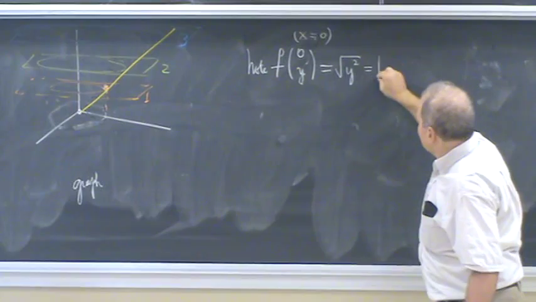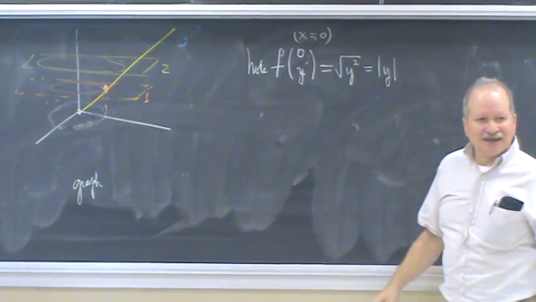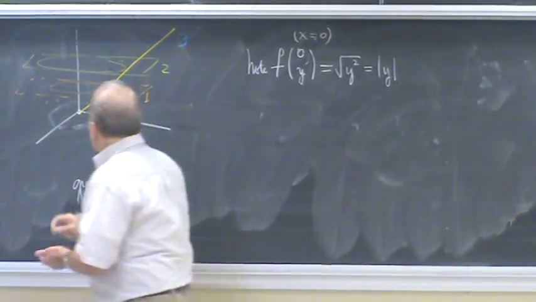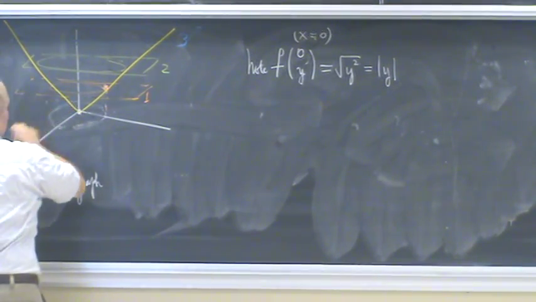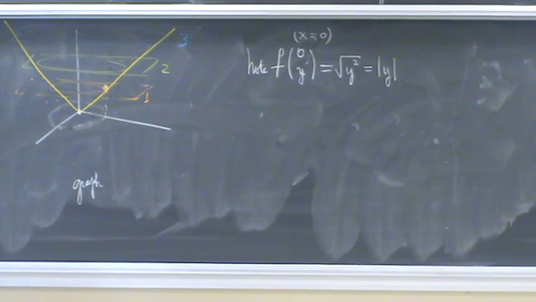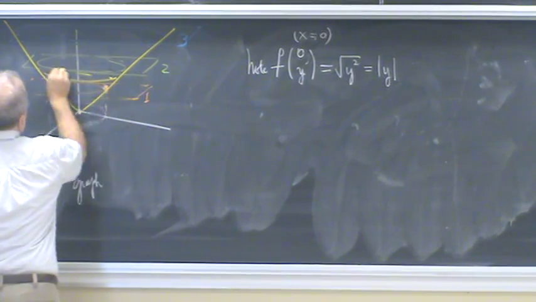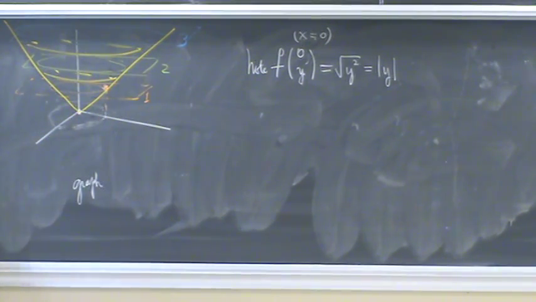Absolute value. So if I graph the absolute value function in the yz plane, and then say I have symmetry as I rotate around, what do I get when I rotate that line around the z-axis? I get a cone. And that's the graph of the function.